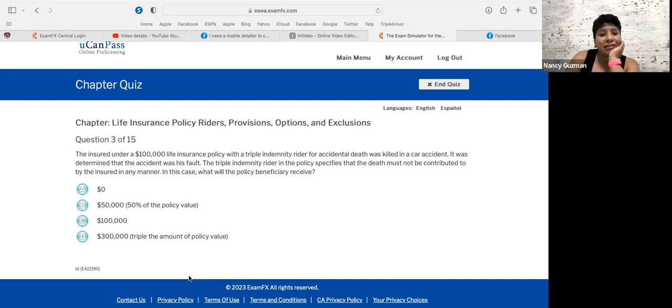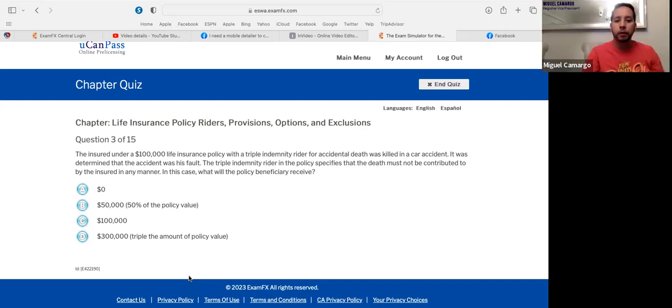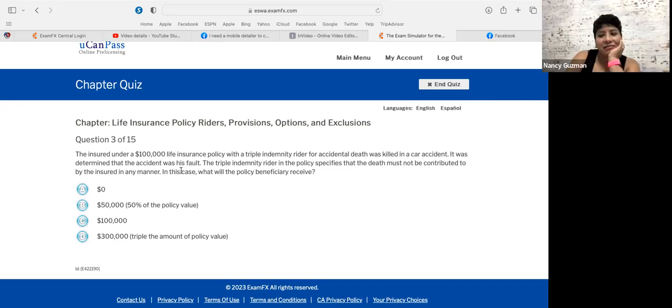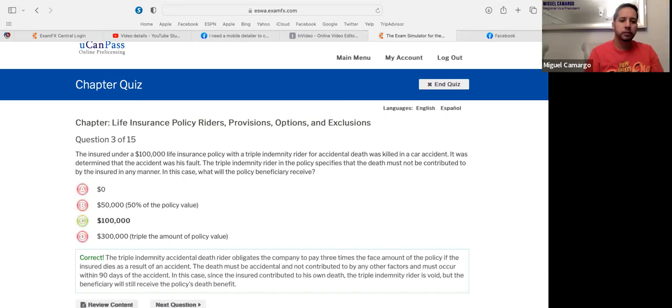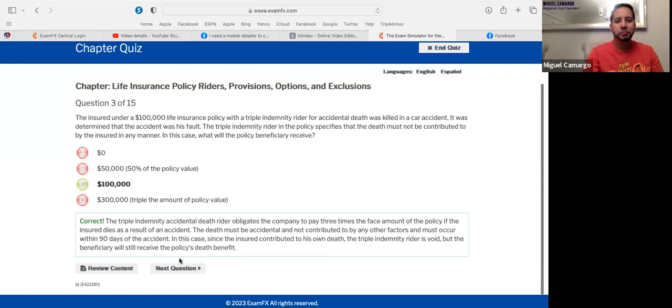I will say C, $100,000. Remember, they were killed in an auto accident, so they should still get something, right? Let's see what common sense says. Congratulations, you're right. Good job.